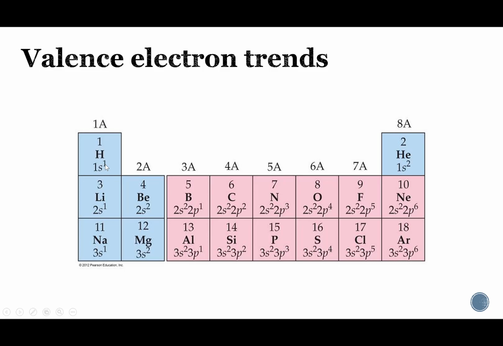So first and foremost, we need to be able to predict how many valence electrons they have before we can start to predict what they're going to do with them. And then remember, these guys right here are noble gases. They have 8 valence electrons, and they are particularly stable. Everybody's trying to get to 8 valence electrons.